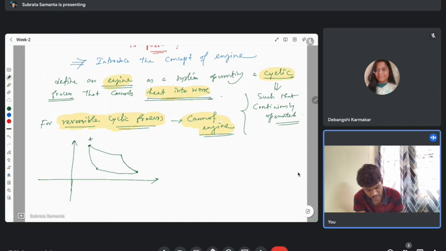So let's say this is A, this is B, this is C, this is D, on a PV diagram.